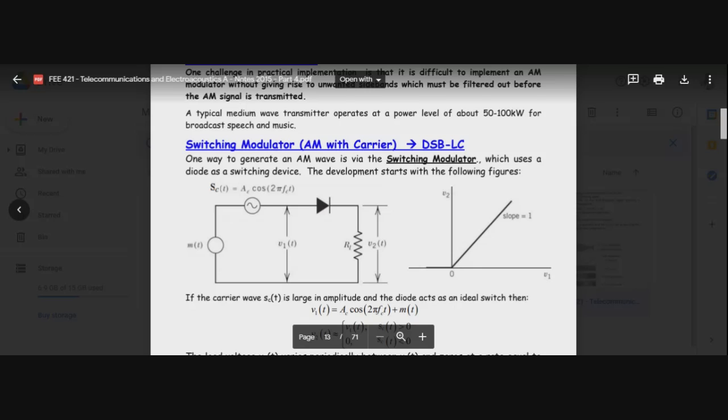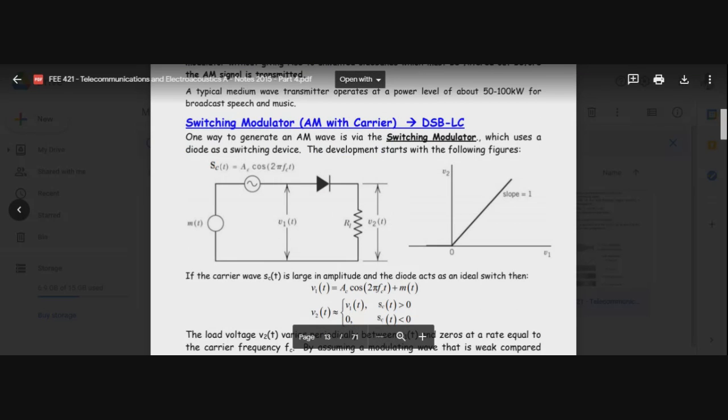So one of the approaches is to use different configurations, and one way is to use what is called a switching modulator. Here the diode comes again, but we're now going to use it to do different things. So here the diode is being used. Again, it's a figure with no caption.